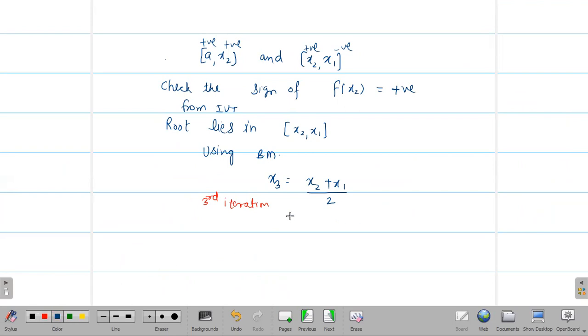Means you have started with the interval, then by taking the midpoint you are getting x1, then again you get one interval in which you have opposite sign, then again you bisect the interval, means take the midpoint of the endpoints of that interval, you get x2, then x3, and so on up to x n plus 1, and so on. So this sequence will converge to your exact root. If I say this is p, this is the exact root.